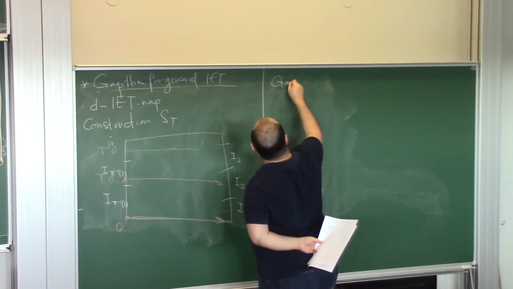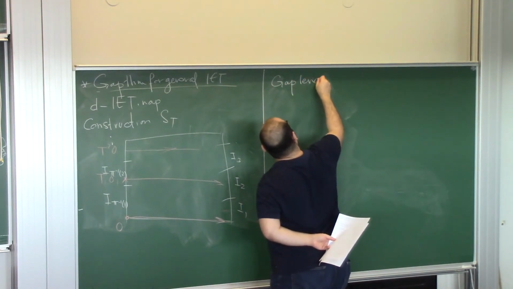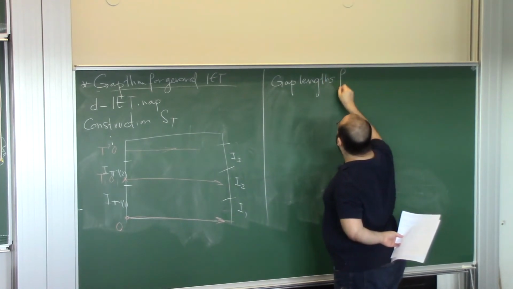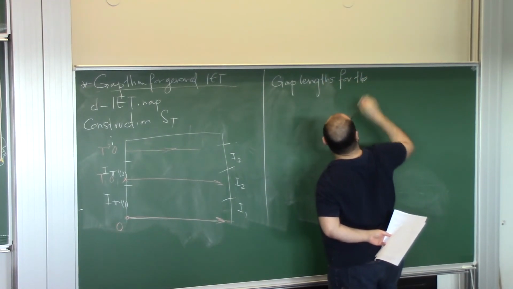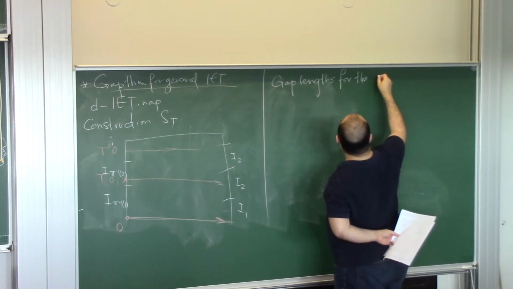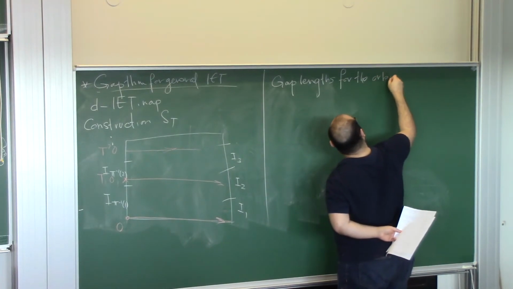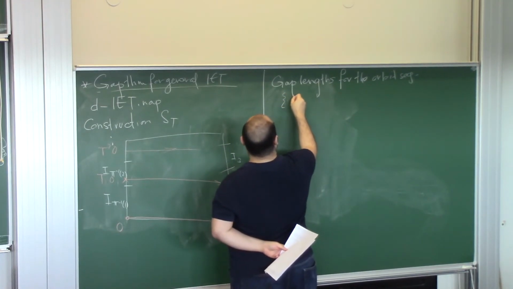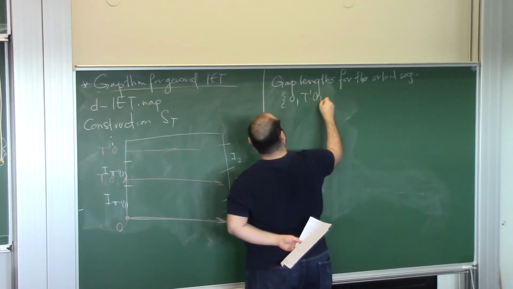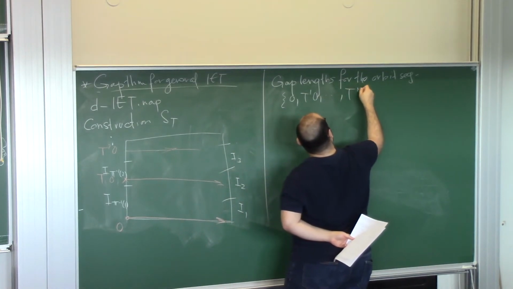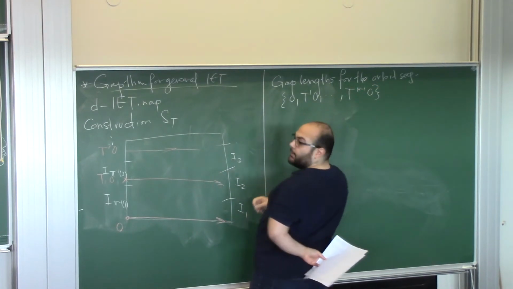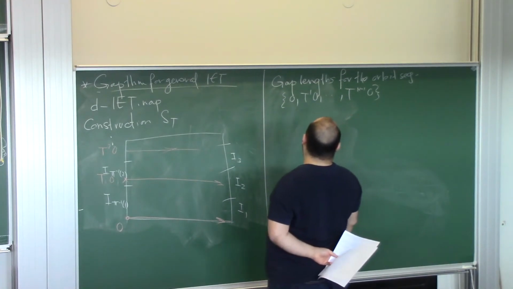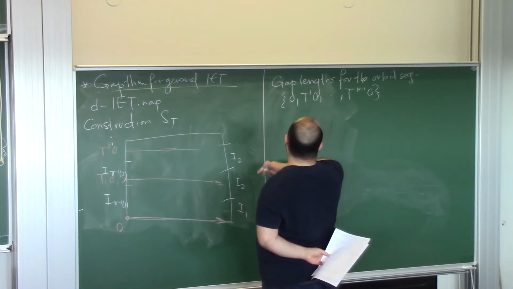So the gap length for the orbit segments 0, T1, 0, Tn minus 1, 0. Yeah, that's me. Should I theorem myself? Yeah, that's a theorem.